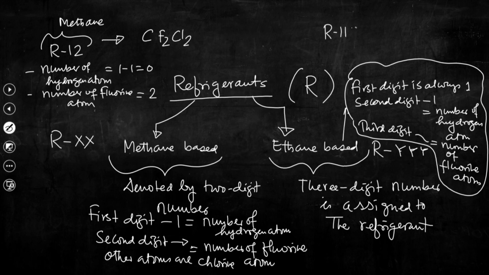So, R113, as I said, the name is like this, R, then 3 digits, 113, first digit is always 1, then this is C2 because ethane based. First digit is always 1, no issue, second digit minus 1 is number of hydrogen atoms.